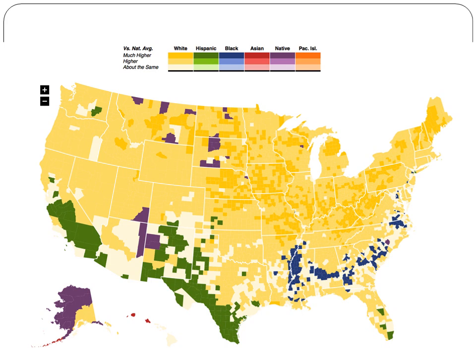And this is looking at the largest ethnic group by county. Yellow is white, green is Hispanic, blue is black, red is Asian, purple is native, and then orange is Pacific Islander.